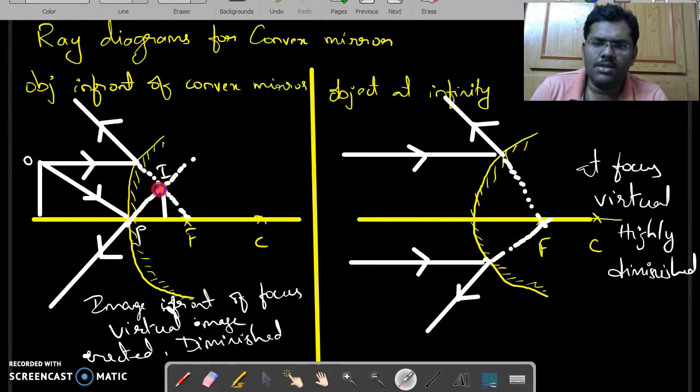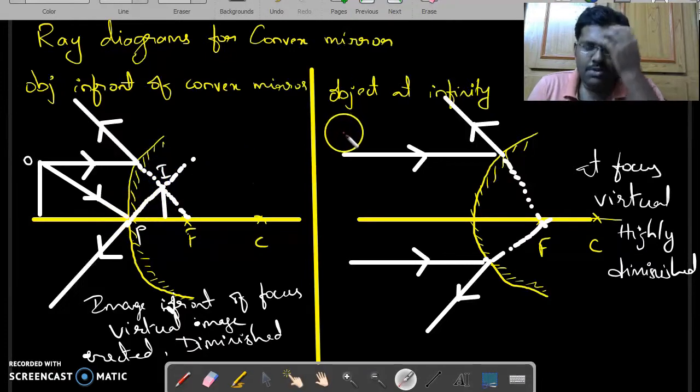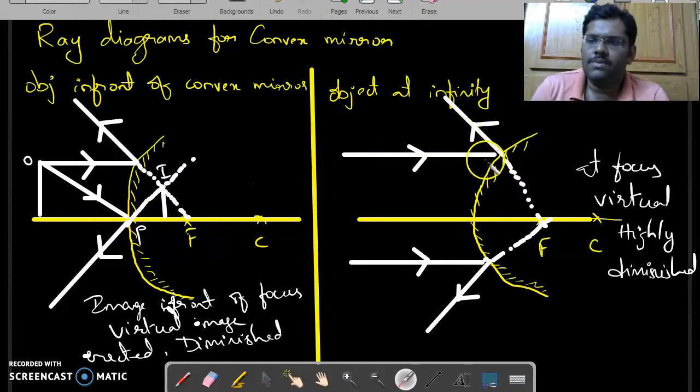Here we get an intersecting point, which provides an image over here. Same as for the object at infinity, the image will be formed at focus. Here the image which is formed is the virtual image.